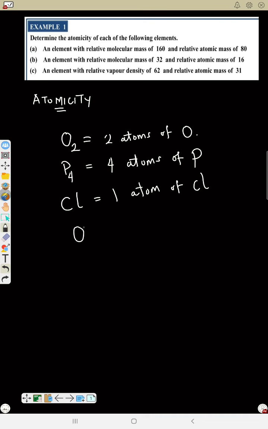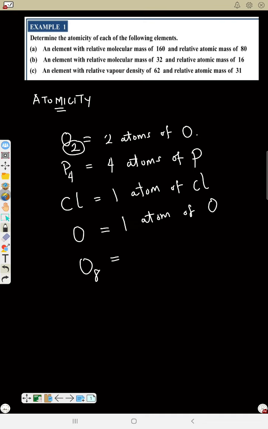Likewise, if I write ordinary O, this means one atom of oxygen. Again, if I have O8, this means 8 atoms of oxygen.